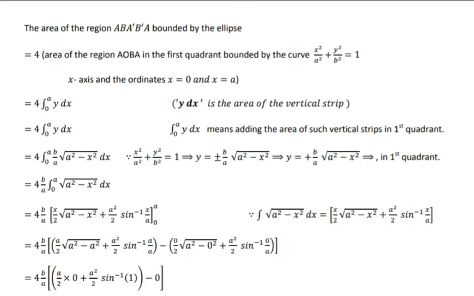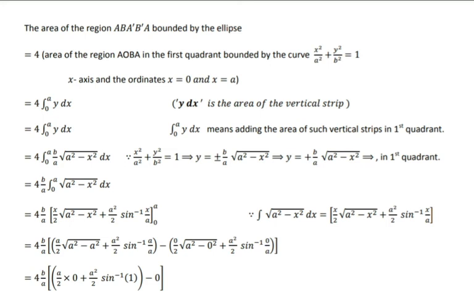So the definite integral from 0 to a of y dx is actually the summing up of all the areas of those vertical strips.